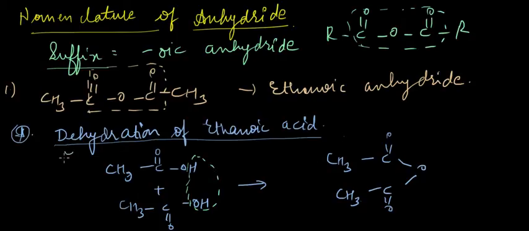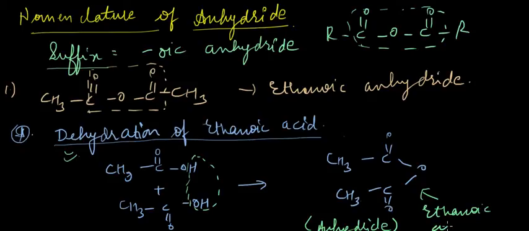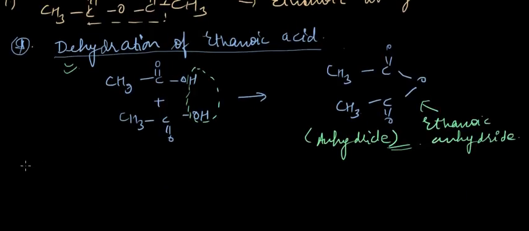That's why it is called dehydration, and an anhydride formation takes place. So as two ethanoic acids combine to form anhydride, that's why it's called ethanoic anhydride. Okay, so let's take a look into some more examples of nomenclature of anhydride.